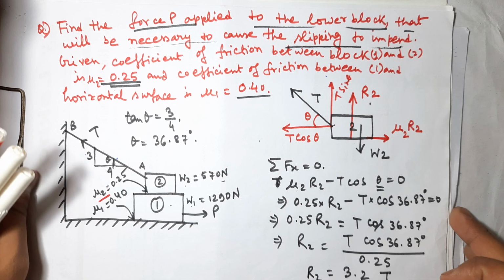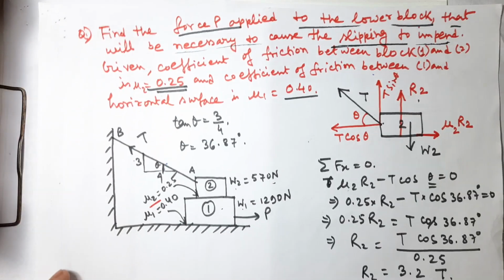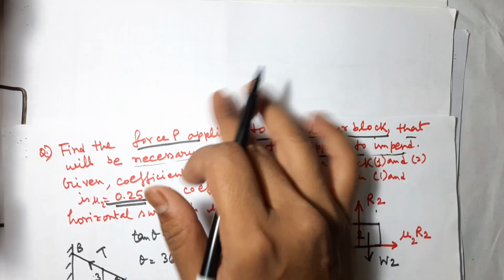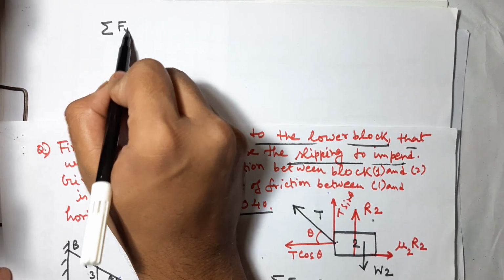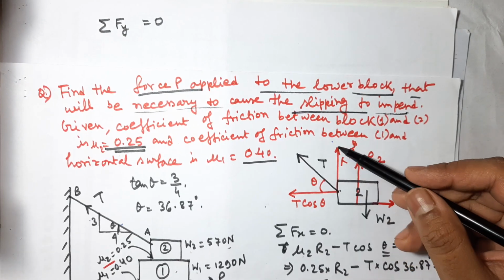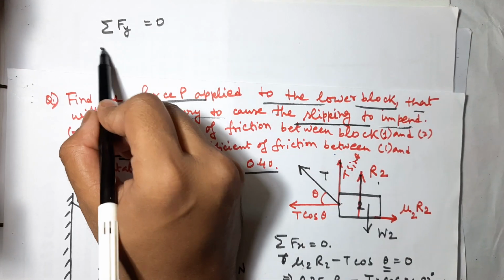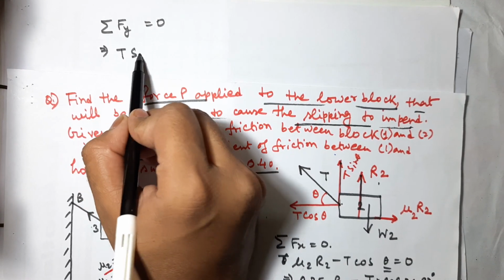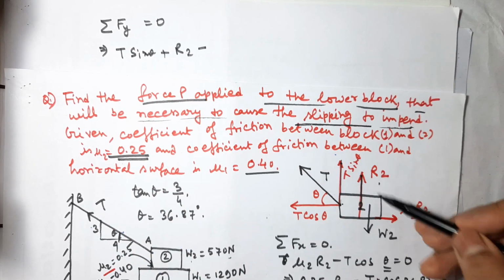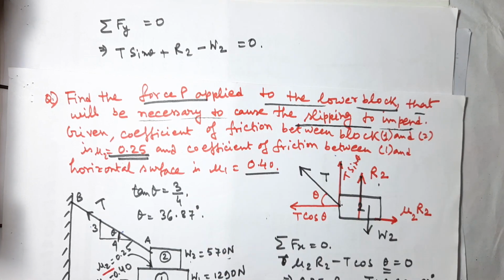Next is summation of Fy, which is equal to 0. The total forces along the y direction: T sin theta and R2 are in the positive y direction, so T sin theta plus R2 minus W2 is equal to 0.